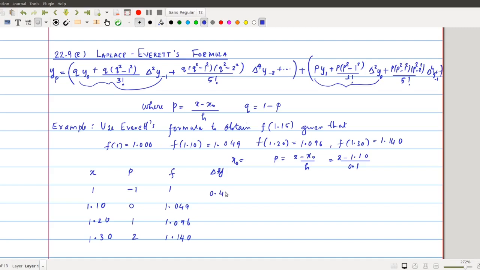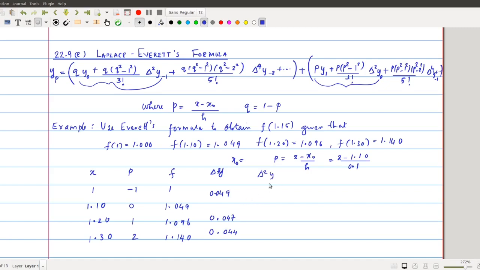0.049, and this will be 0.047, this will be 0.044. Okay, now the next order, delta square y.